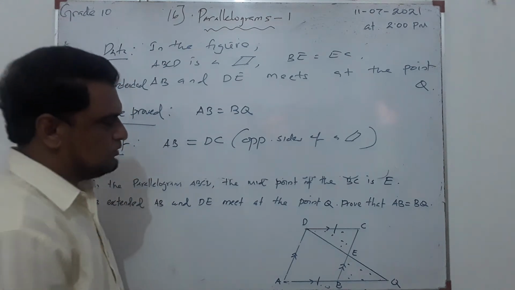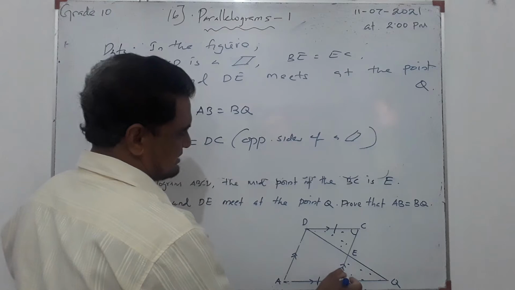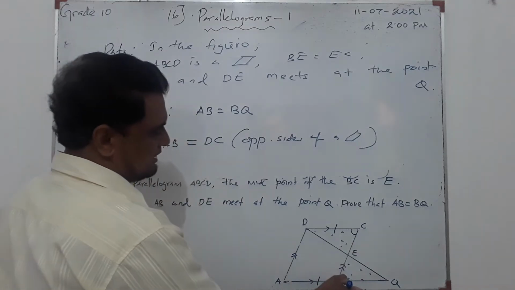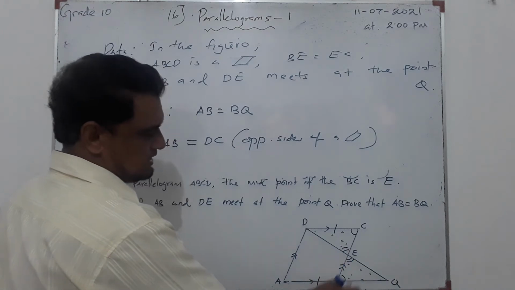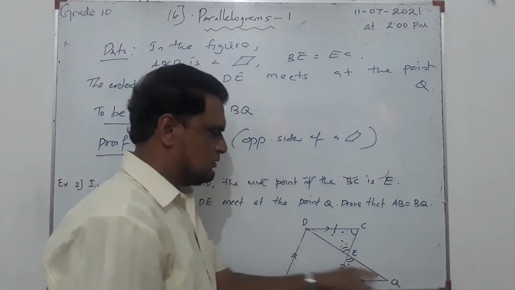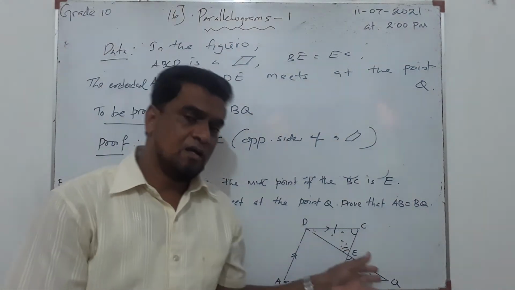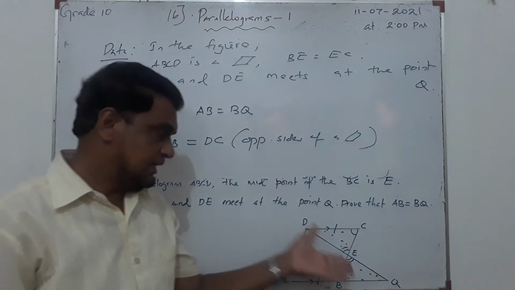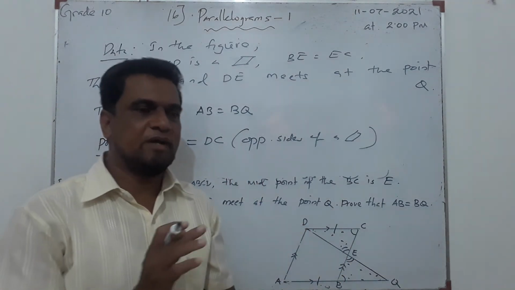So now according to this given data, this angle is an alternate angle, this angle is a vertically opposite angle, and these are also alternate angles. There are three pairs of equal angles inside the two triangles, but we need only two angles.